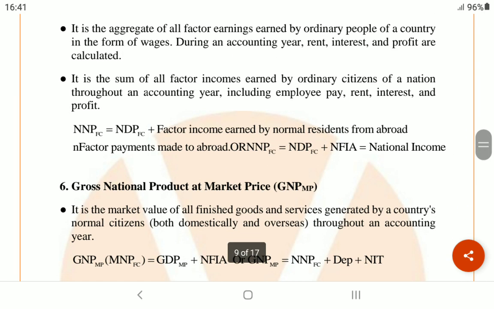It is the aggregate of all factor income earned by ordinary people of a country in the form of wages during an accounting year. Rent, interest and profit are calculated for it.